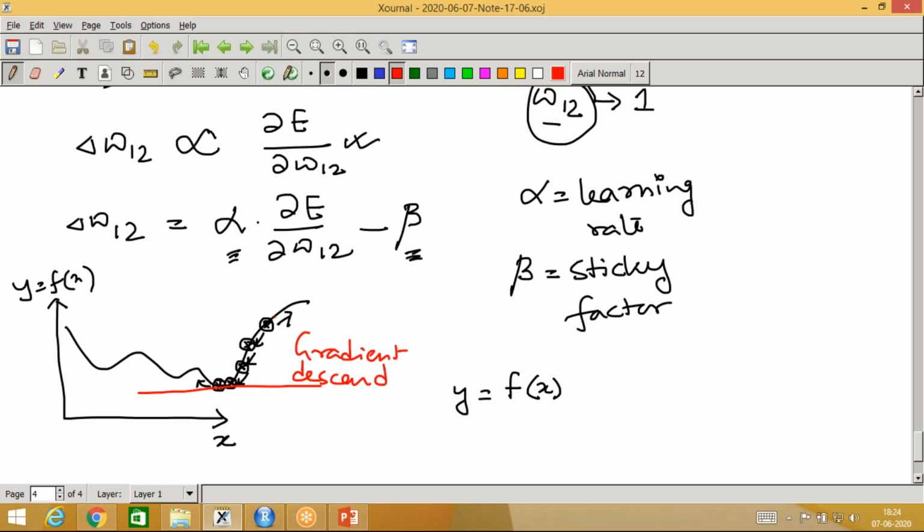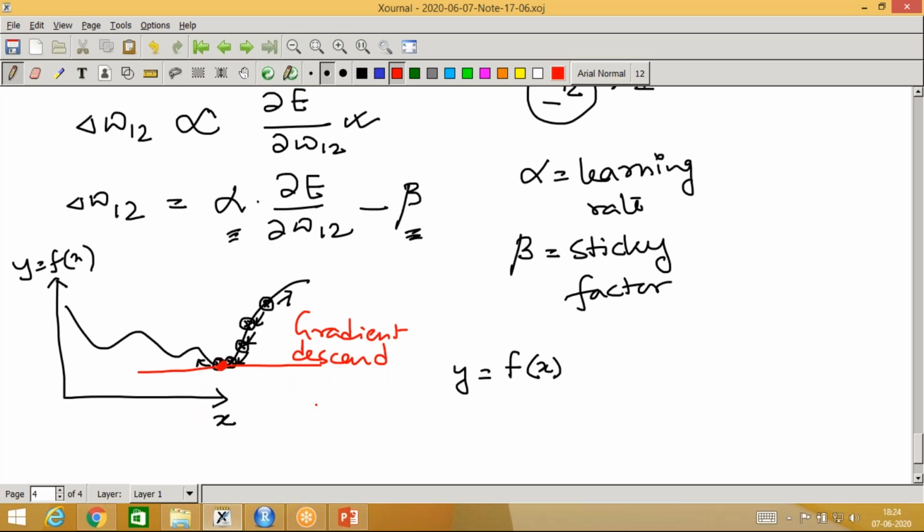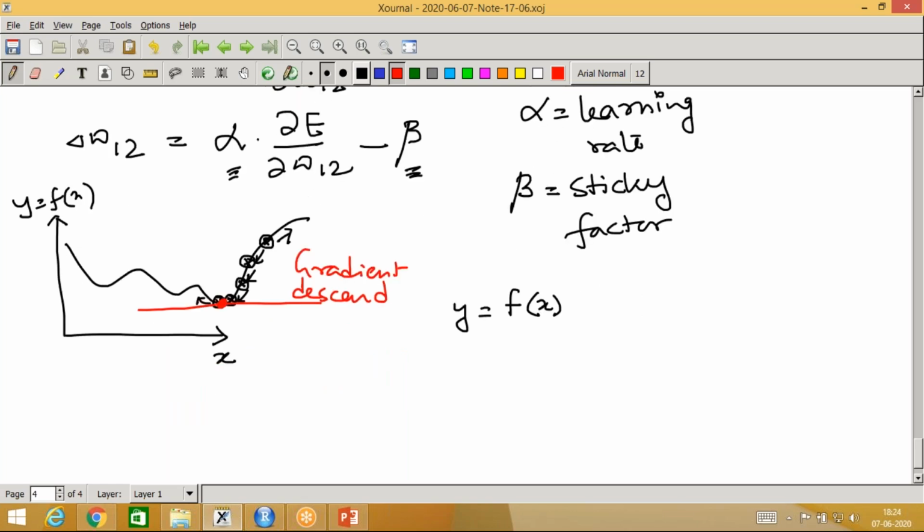Here, on this particular slope, we are slowly moving downwards to find the lowest point. Now by chance, if I give bigger jumps instead of small jumps for the same curve, what happens? Just notice.